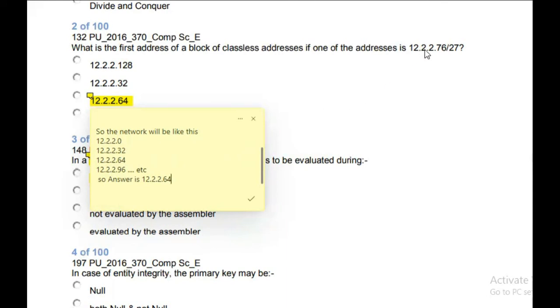So our address 12.2.2.76 is included in this range, 64 to 96.